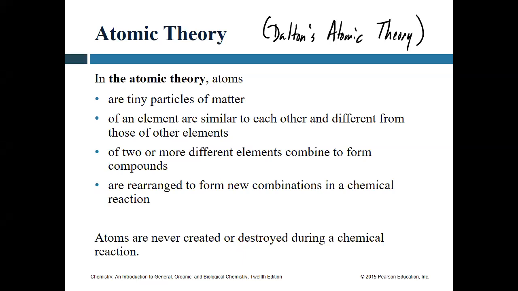If I'm looking at a sample of sodium, all of the atoms of that sample of sodium are going to look similar to each other. Not necessarily identical. We'll get into how they're not exactly the same in a minute, but they should have some sort of quality to them that allows us to go, that's sodium.